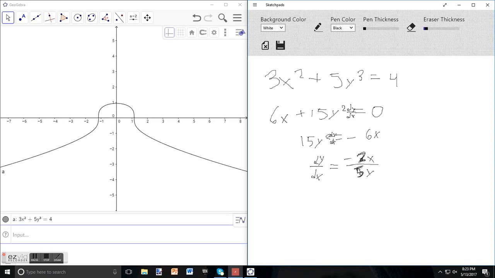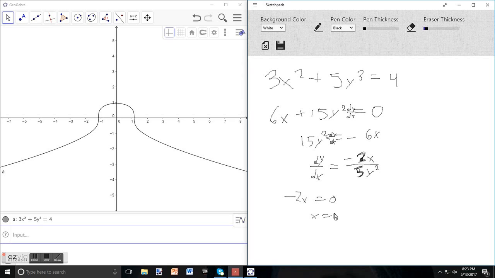To find the horizontal and vertical tangents, for the horizontal you set the numerator equal to 0. So 2x equals 0, and we'll find that x equals 0.